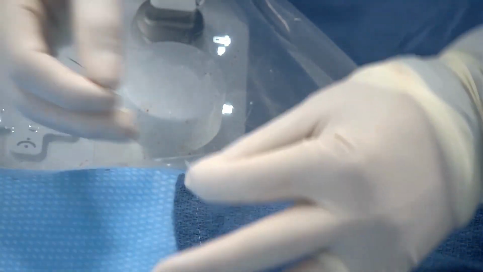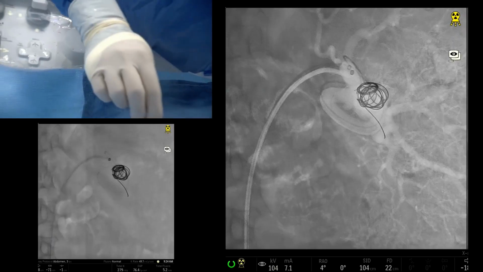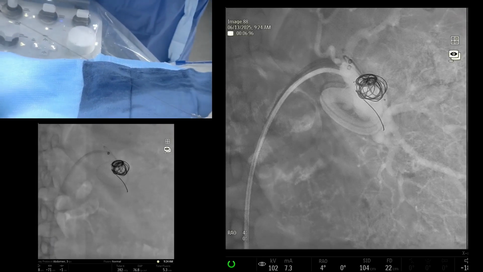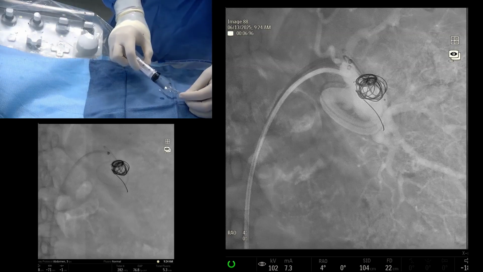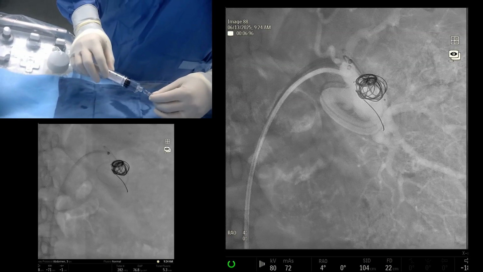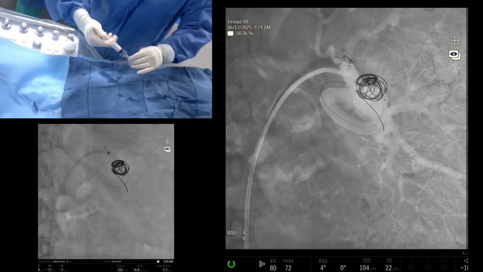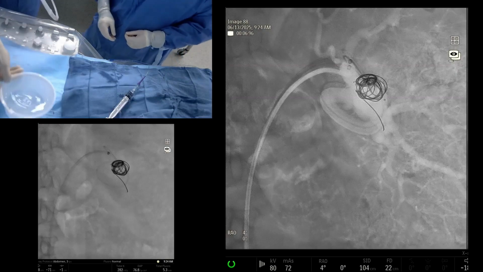So it is now detached, and we can pull our coil system back, and the coil is now detached. So we are going to get another 20 by 50-ish, and then we flush in between every coil detachment. So let's get back to some of the discussion while Sid preps for the next coil.